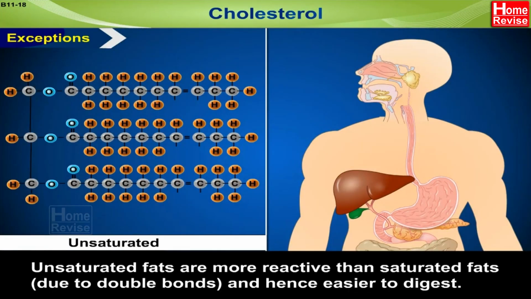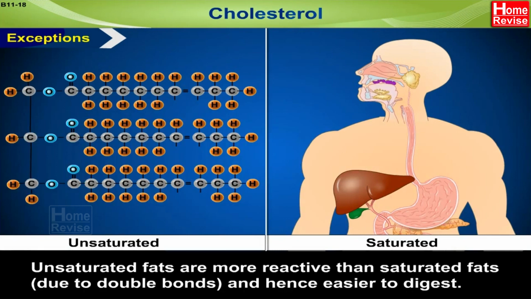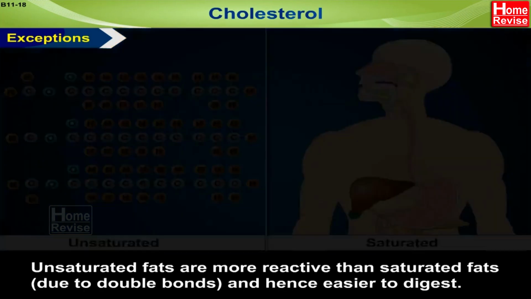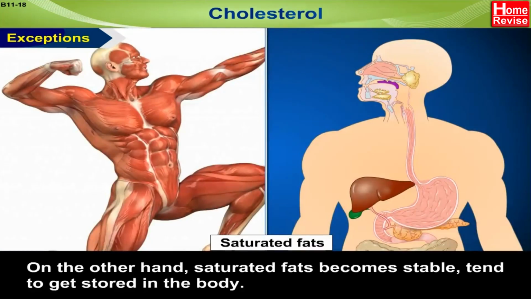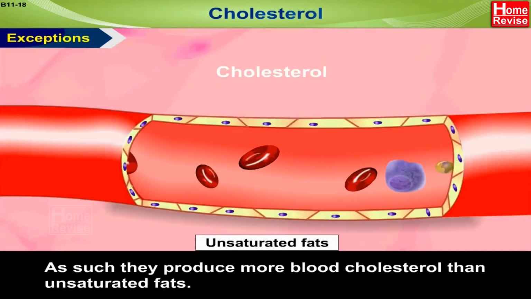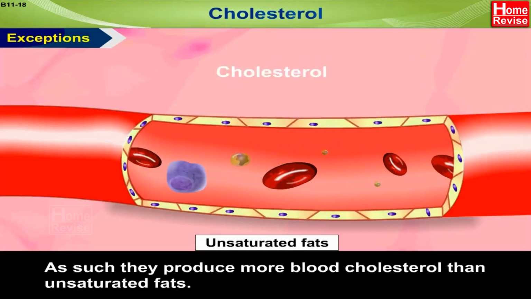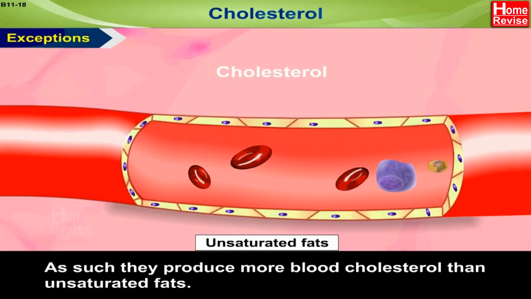Unsaturated fats are more reactive than saturated fats due to double bonds and hence easier to digest. On the other hand, saturated fats become stable, tend to get stored in the body. As such, they produce more blood cholesterol than unsaturated fats.